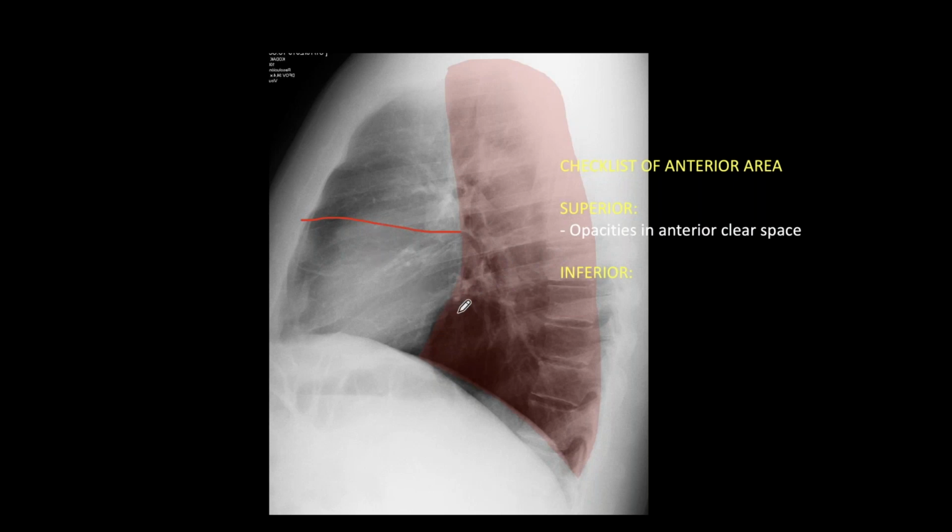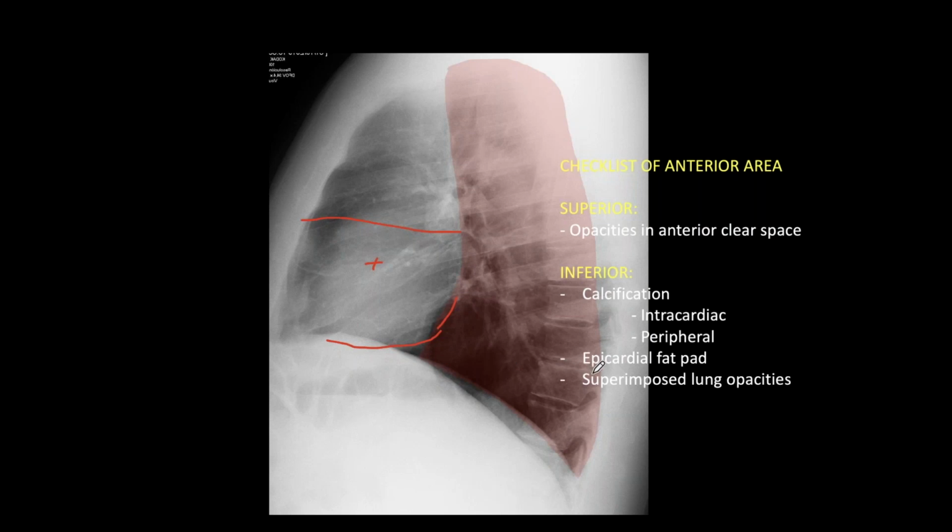In the inferior, in the heart, look for calcification: intracardiac, usually the aortic valve, and peripheral, usually calcification in the pericardium. Look for the epicardial fat pad in front of the heart, and you can make the diagnosis of pleural effusions.